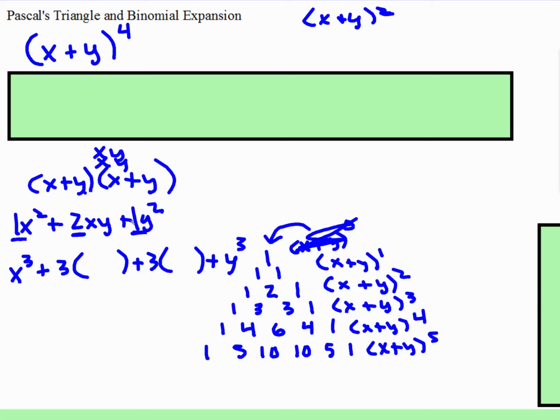This is y squared, this is y to the 1st. So look at it, the powers of x go descending, the powers of y go ascending. So if this is x cubed, this is going to be x squared, and right here this would be y to the 1st. Now this was x cubed, x squared, so this will be x. Oh, look at it, and y cubed.